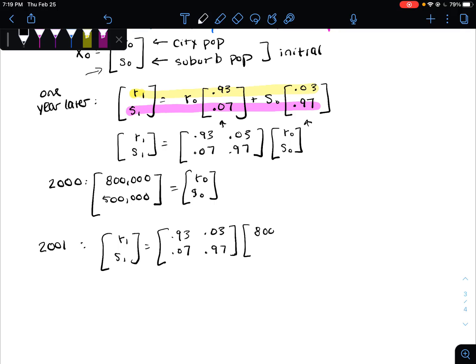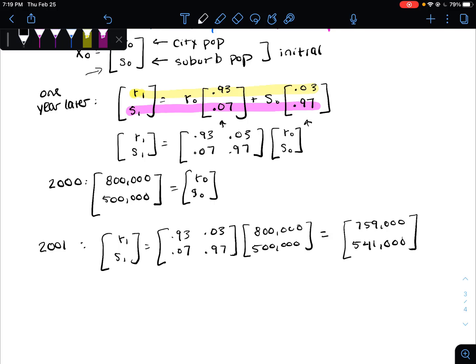Multiplied by 800,000, 500,000. And I went ahead and did the multiplication for you. You can check my work if you would like. But it should be 759,000 is the new city population, and 541,000 in the suburbs.